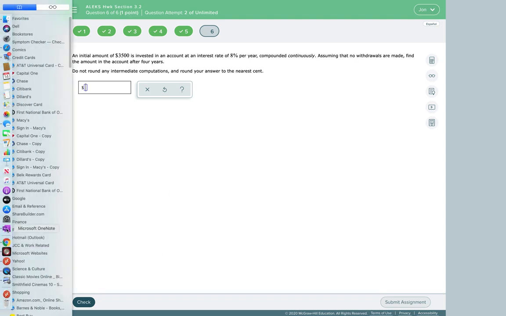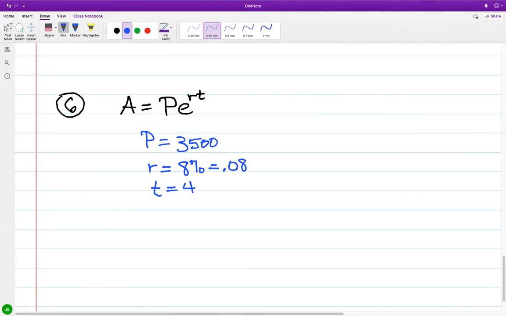Okay, so with continuous compounding, we have A is equal to P times E raised to the R times T degree. So what is put in is 3,500, and the rate of interest is 8%, and as a non-percent decimal this will translate to 0.08, and the time span is going to be 4 years.